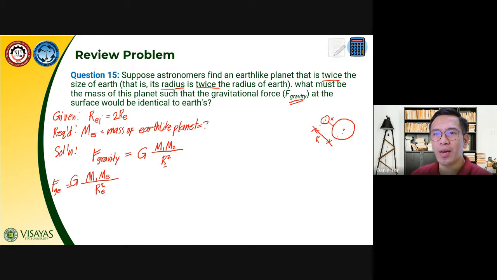So that is our given, in our problem. And even though the radius of the Earth is not given here, we can still solve this problem.